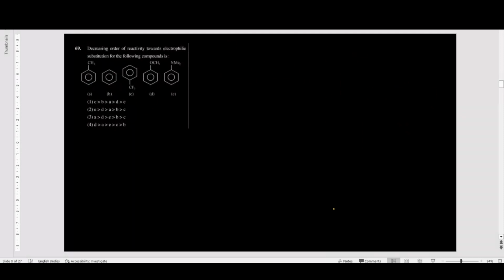And here the next question is, they are asking the decreasing order of reactivity towards electrophilic substitution reaction. They have given almost all benzene rings. So let's say for example one electrophile is there here. Electrophile means electron deficient, right?